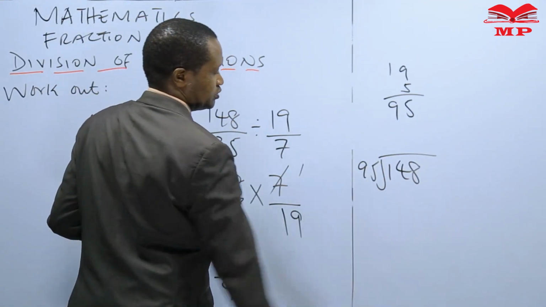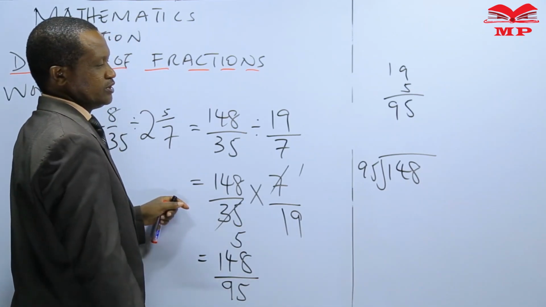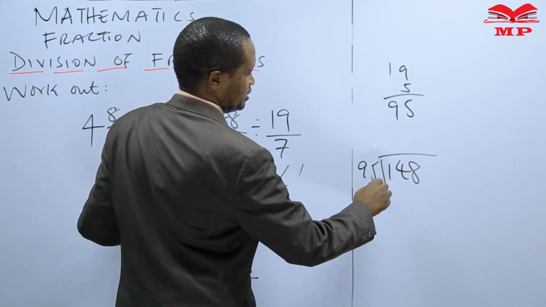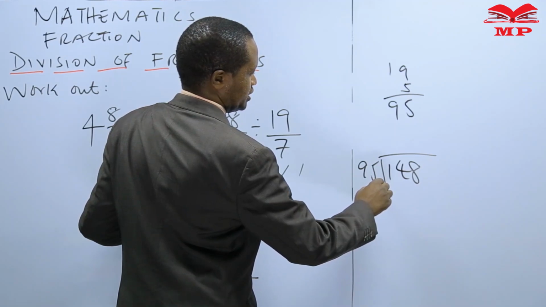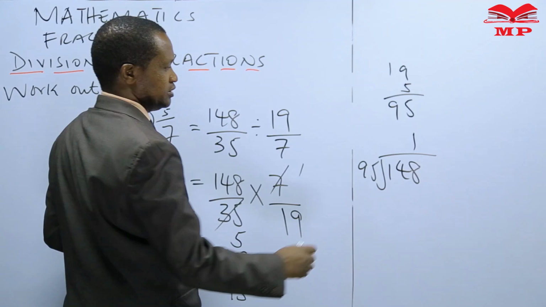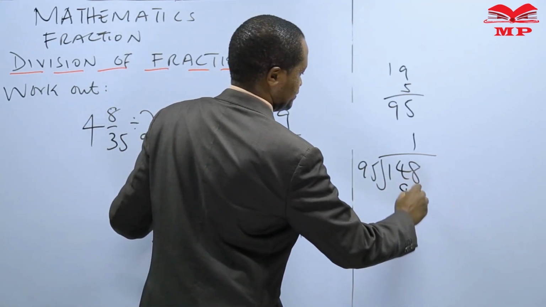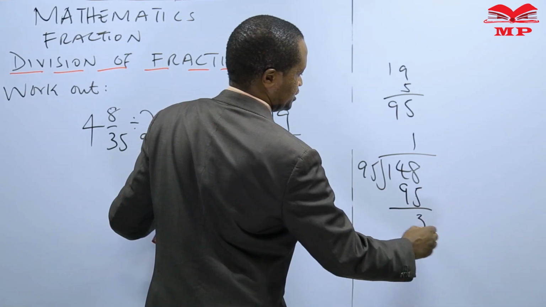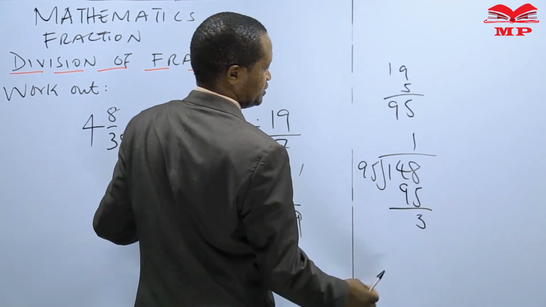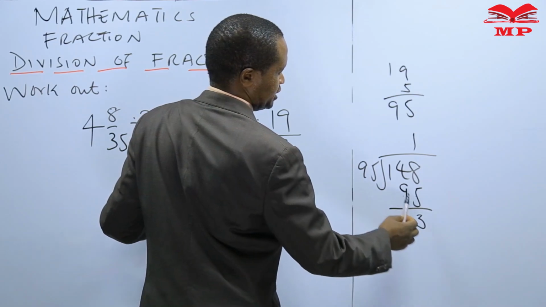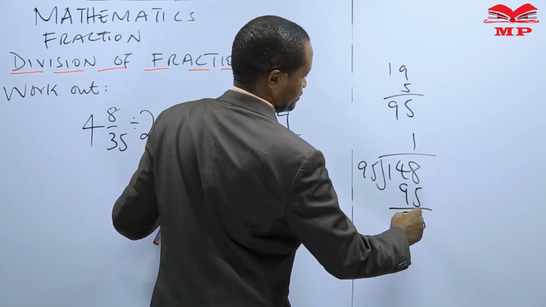95 goes into 148 how many times? You can try 1. Okay, then 95, 8 minus 5, 3, 14 minus 9 is 5.